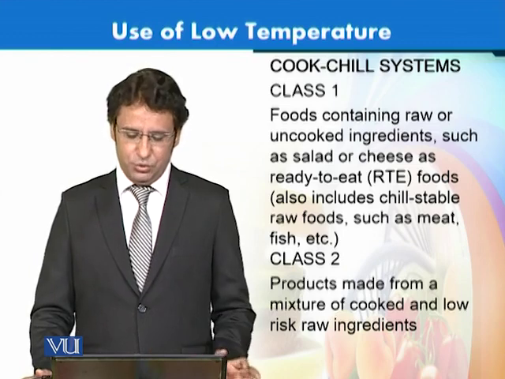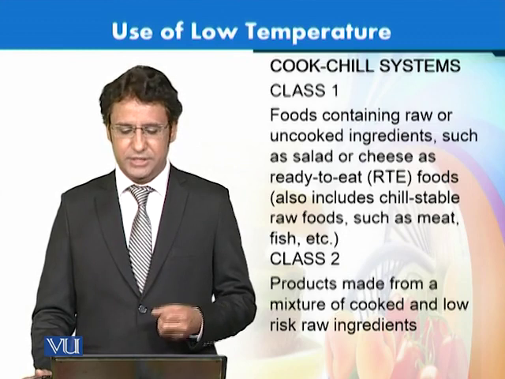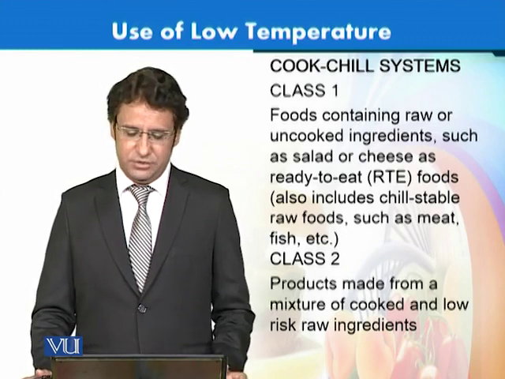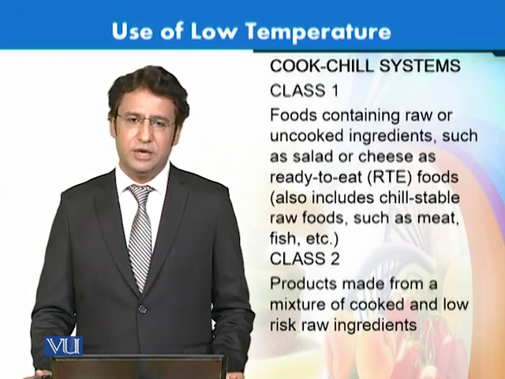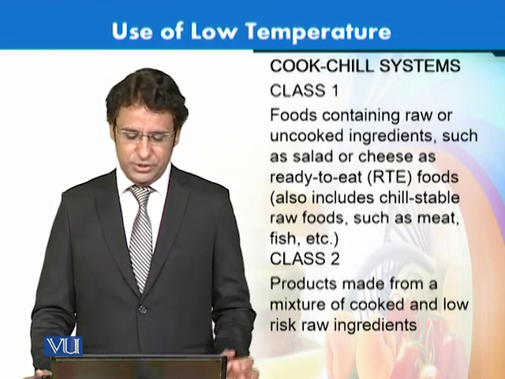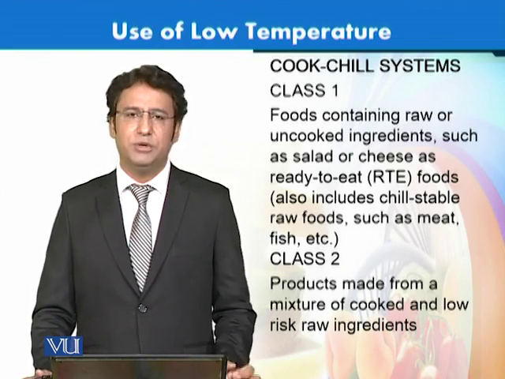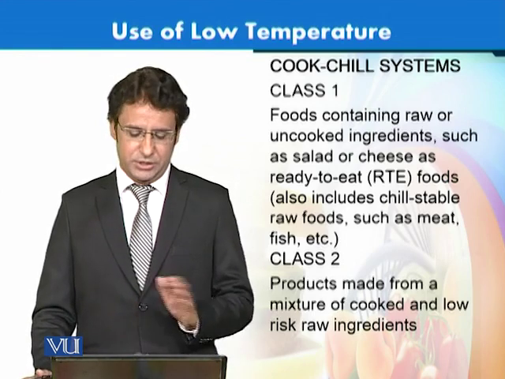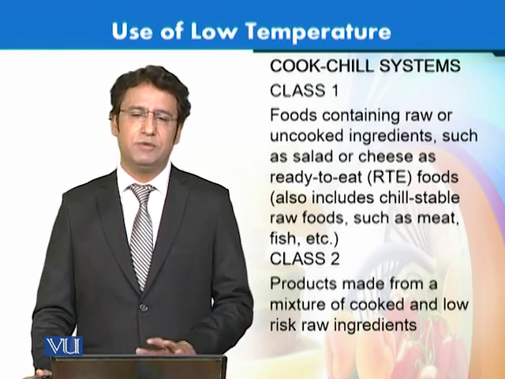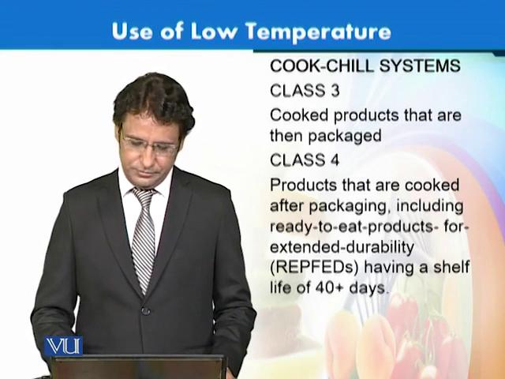These also include meat and fish. This has higher chances of contamination, so the risks are higher. Then there is class 2. This includes products made from mixtures of cooked and raw materials, but these are low risk ingredients, so there will be lesser risks involved.